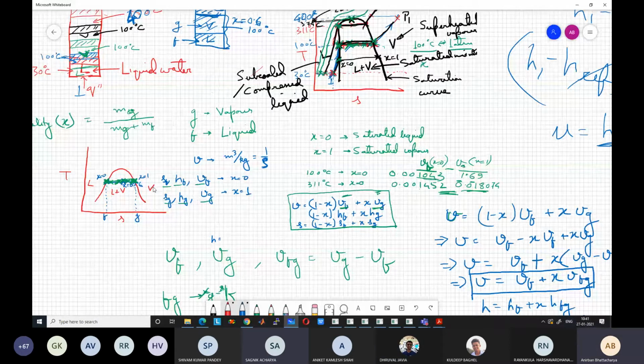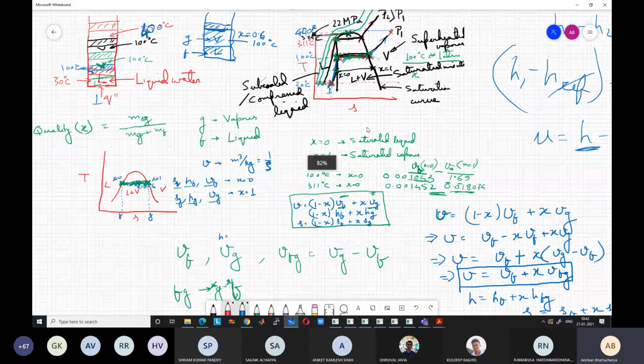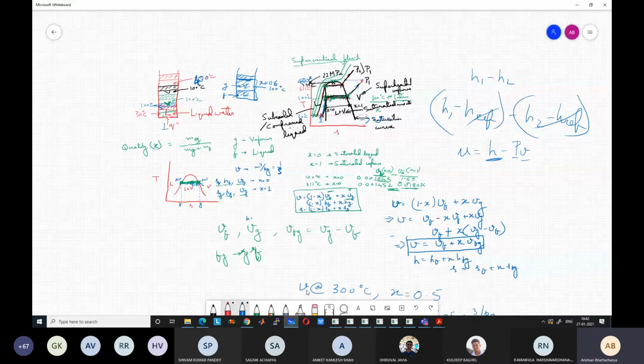Going back to the problem, I want to find the property V at 300 degrees centigrade. So only if I give 300 degrees centigrade, can you find V, or was something else required? Quality was required, sir. So extra information is required.